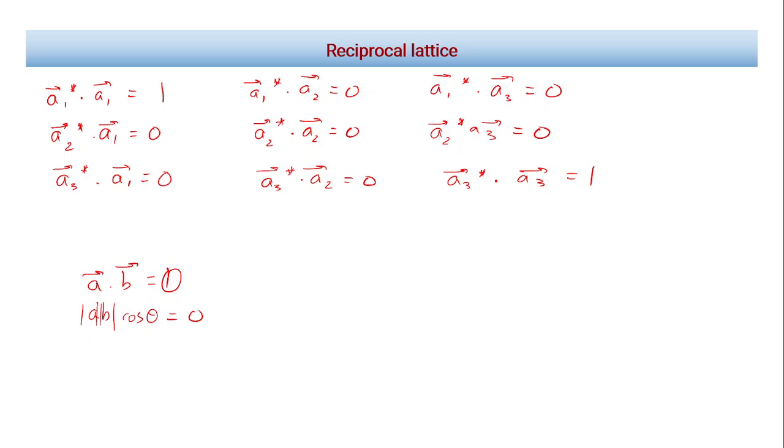Now, the construction of the reciprocal lattice vectors. We understood how they are related with direct lattice vectors, but how do we get these reciprocal lattice vectors? As I said, it's not something that we came up with. It's been constructed by various people like Ewald and others to understand something.